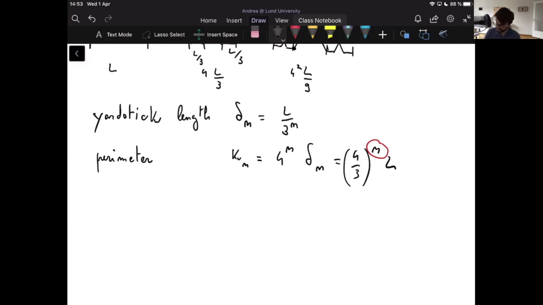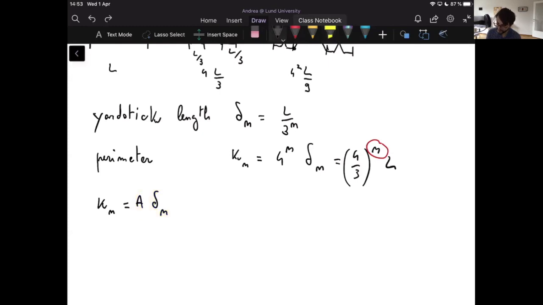I will not do it super in detail, but let's do it the other way around because it's faster. So you want to write this in this way. And so this is the length of the yardstick. It is the length of the yardstick delta n and a constant in front, a. Okay?